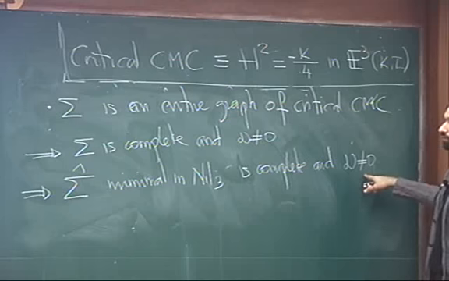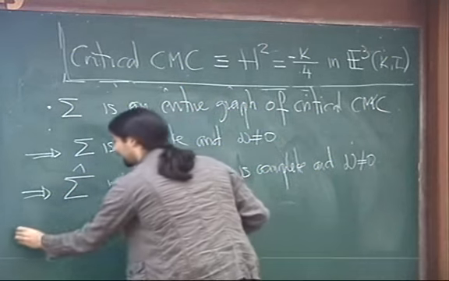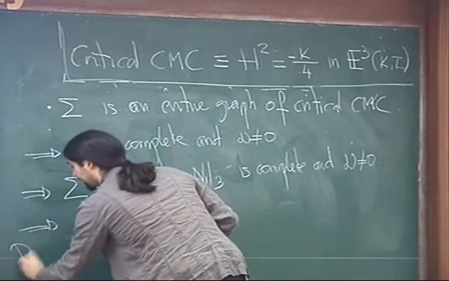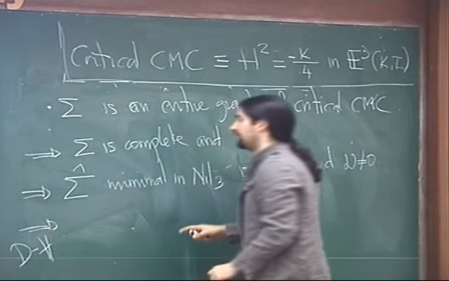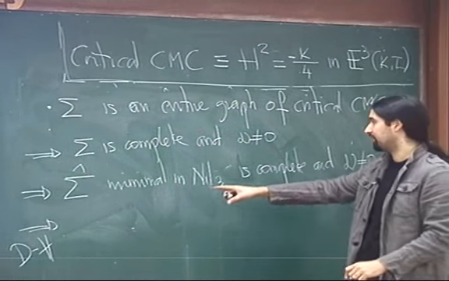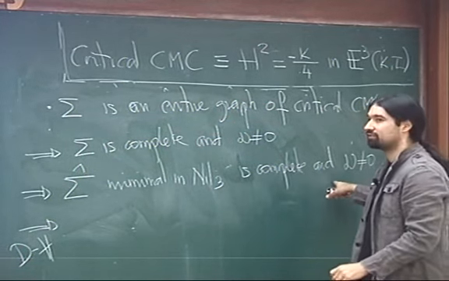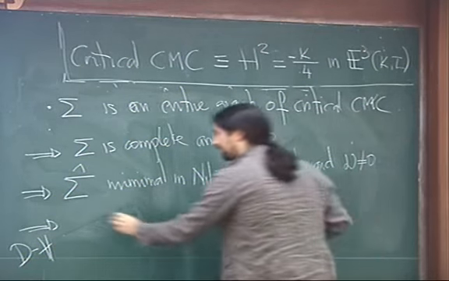Okay, has these two conditions. So now you can apply here the Daniel-Hauswirth theorem. It says that under these conditions, this is an entire graph.